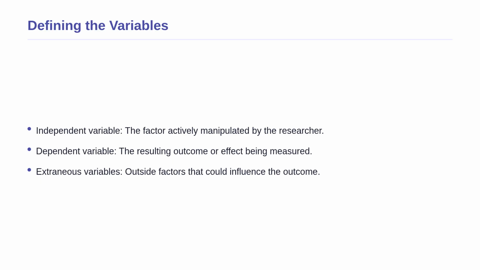The dependent variable is the final outcome or effect we are trying to measure, like the fluffiness of the cake. Finally, we have extraneous variables. These are all the other outside factors that could potentially influence the outcome, such as the oven temperature or the exact amount of sugar used.